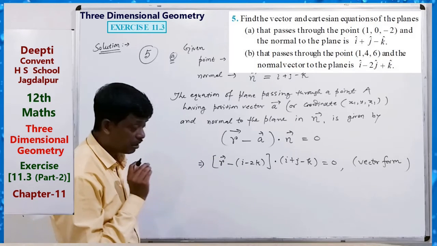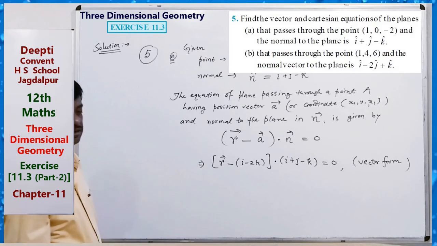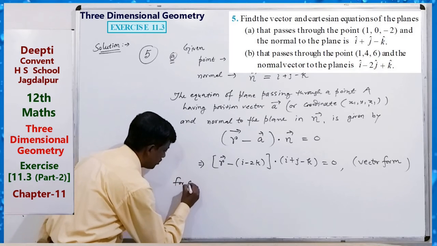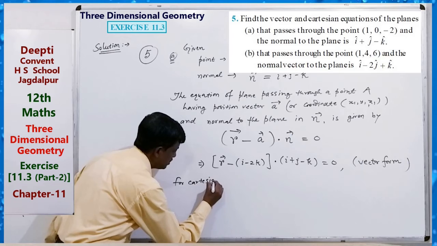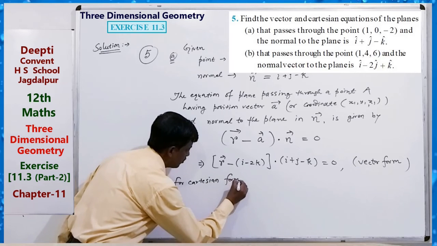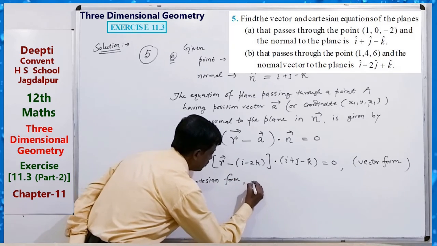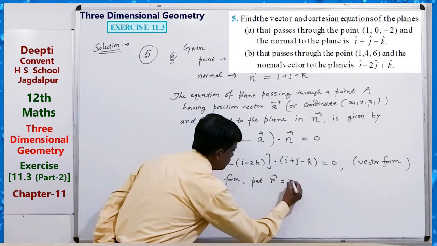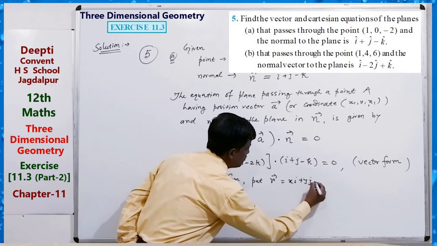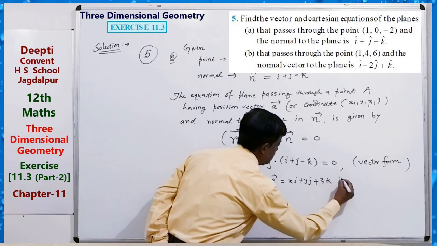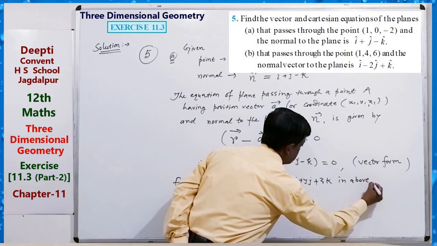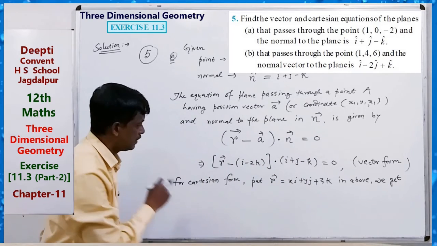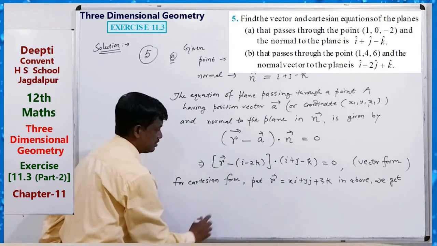Now to find the Cartesian form, put r equals xi plus yj plus zk in the above. We get r minus this.